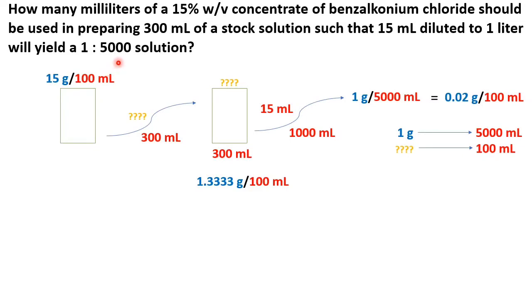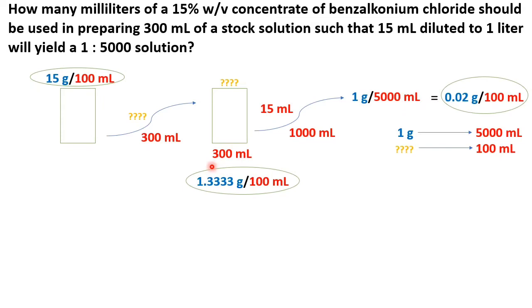The concentration of the first stock solution of benzalkonium chloride, which is 15 grams per 100 mls, and then we diluted to 300 mls, and we got a solution whose concentration is 1.3 grams per 100 mls, and then we diluted it again and got a solution of a concentration of 0.02 grams per 100 mls.